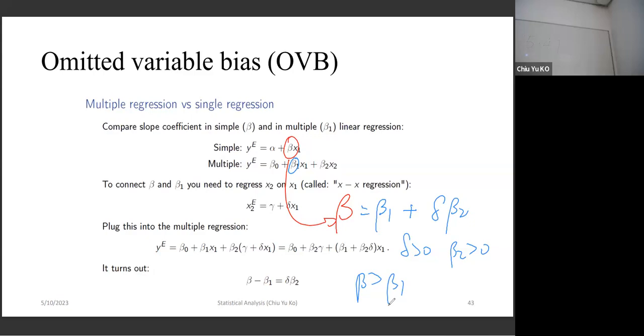Is that clear? And then this is the formula. The formula itself is not important, but you should understand it conceptually. It depends on the product of this. If they multiply to positive, then overestimate. Negative, then underestimate.